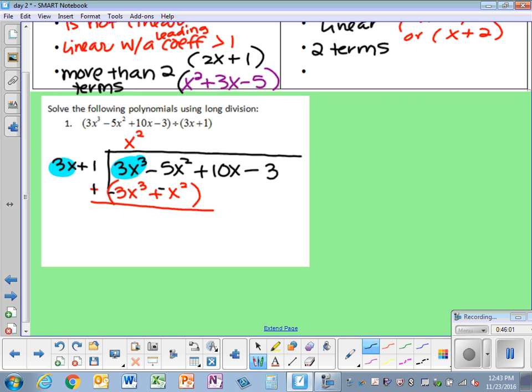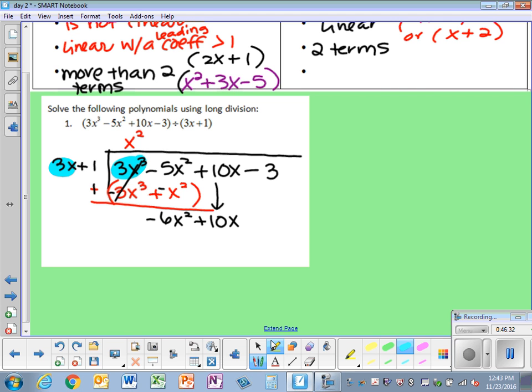Now let's add 3x cubed plus a negative 3x cubed. Of course, that should cancel out. Negative 5x squared plus a negative x squared gives me negative 6x squared. And then bring down your plus 10x. Just bring down one at a time, okay?